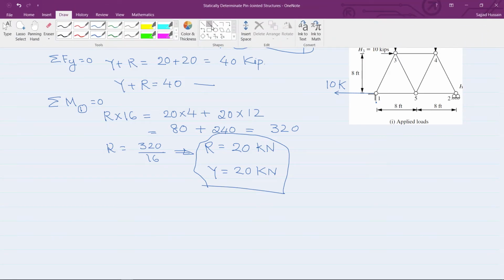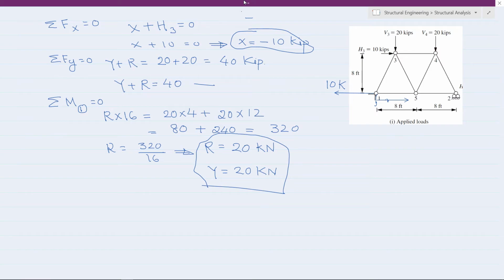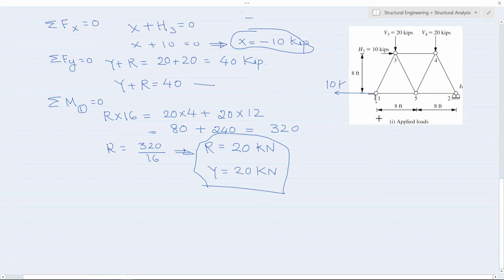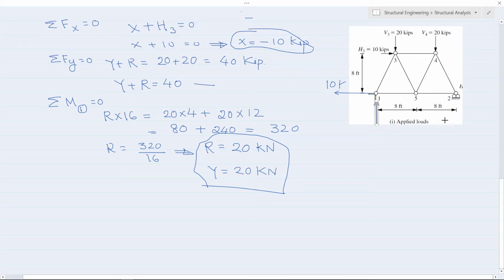Then at both these locations these forces are 20 kip.